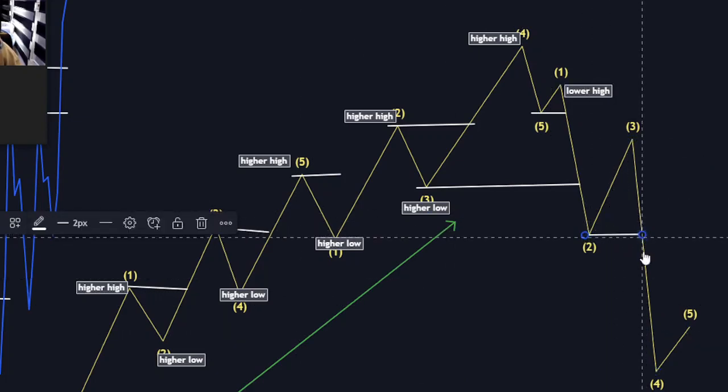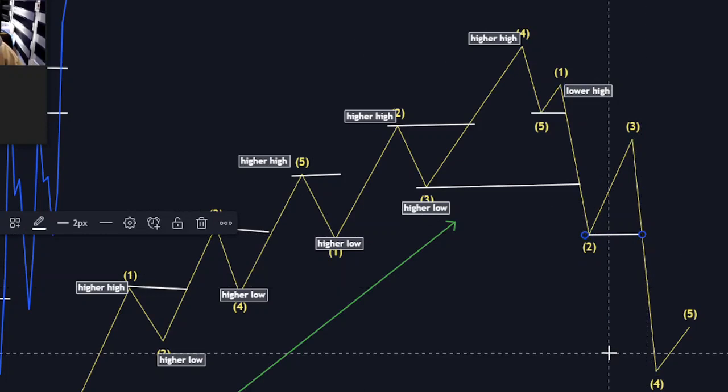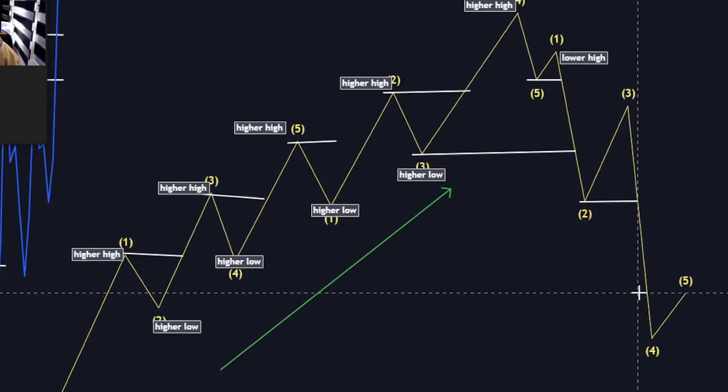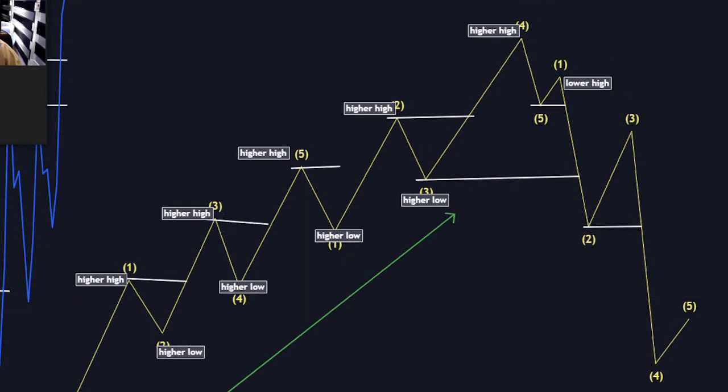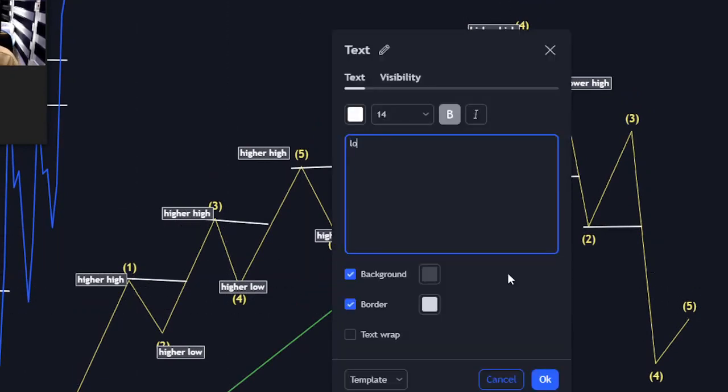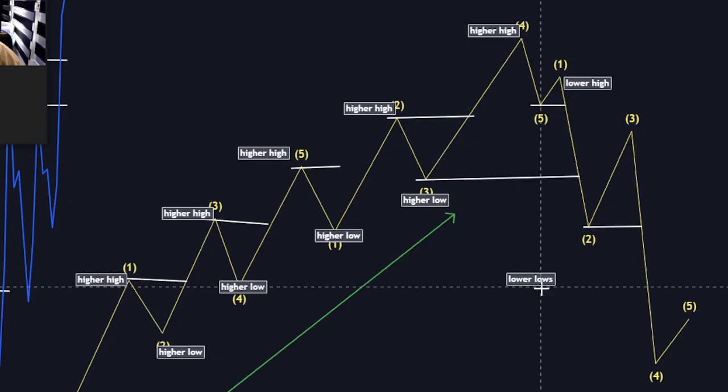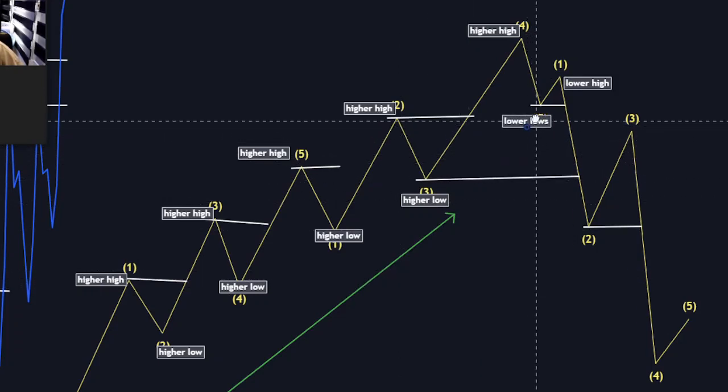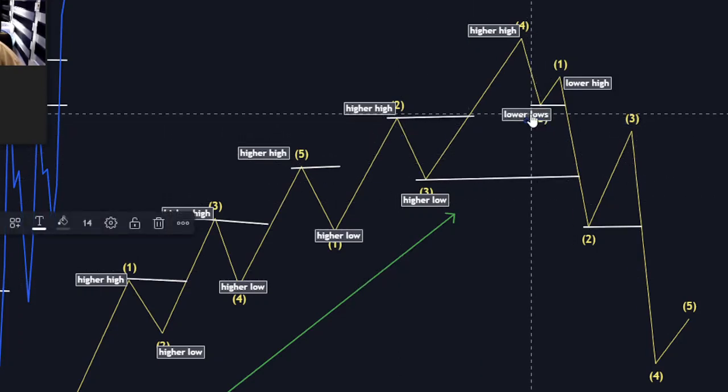It broke the low. Do you understand? So now it started making lower lows.